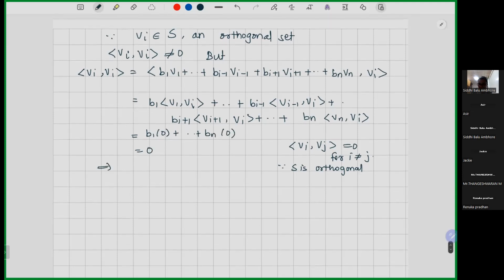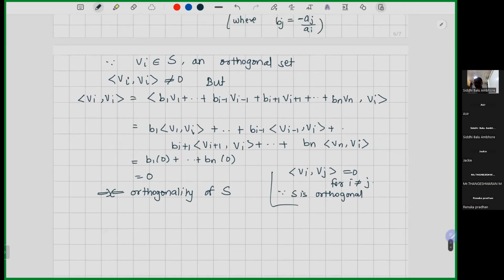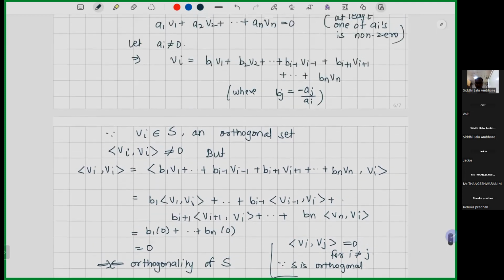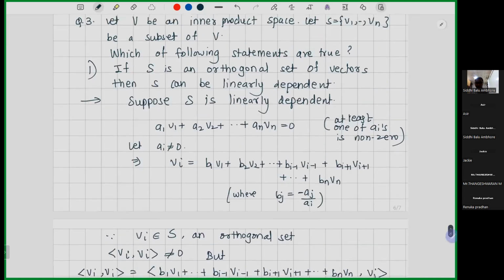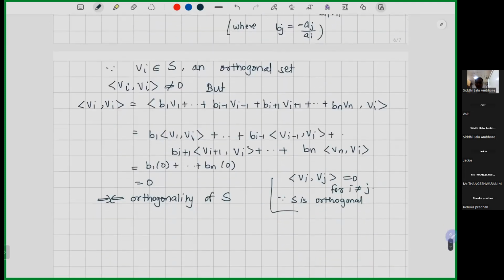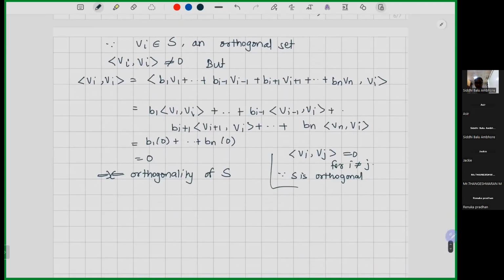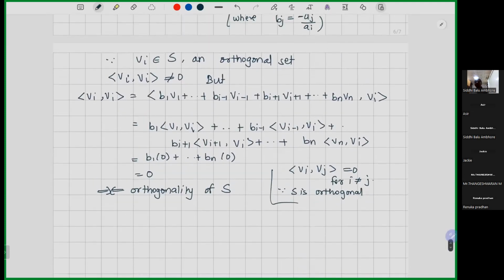So this is a contradiction to the orthogonality of S, because in an orthogonal set the inner product of an element with itself has to be non-zero. Is it okay? Any doubts here? So that's why it can't be linearly dependent.